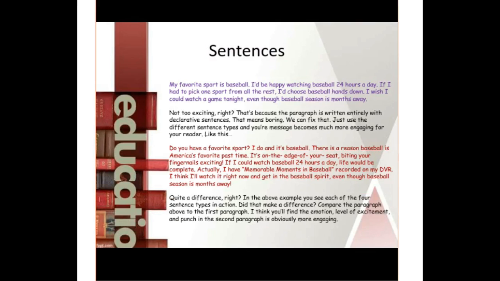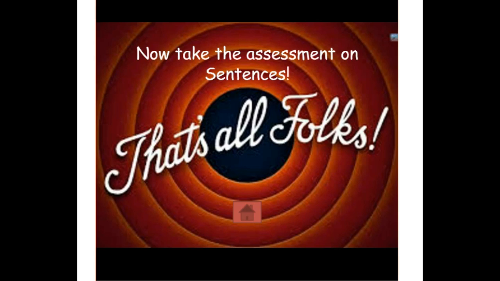Take the time to read this information. Now, take the assessment on sentences.